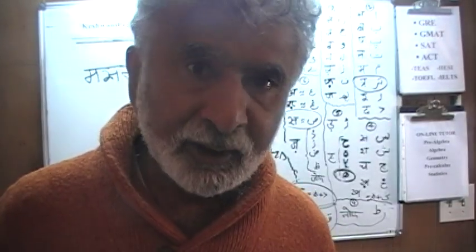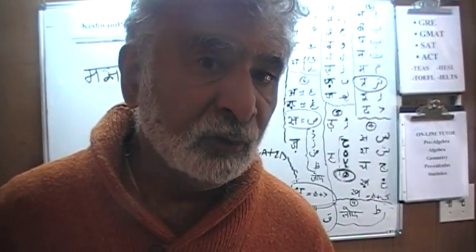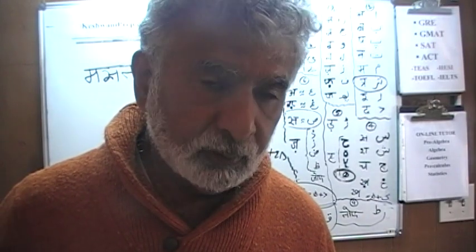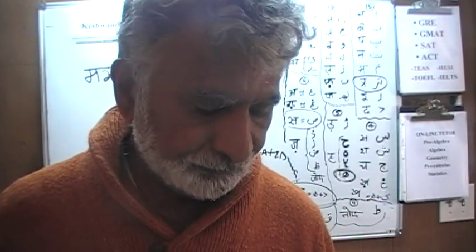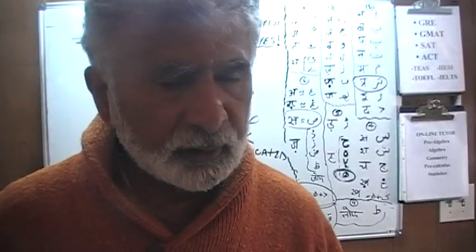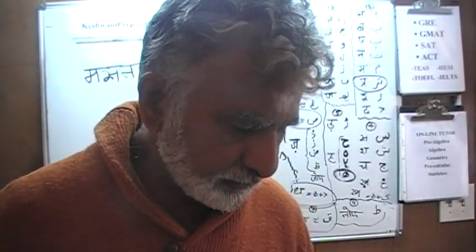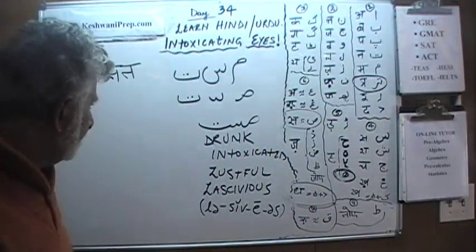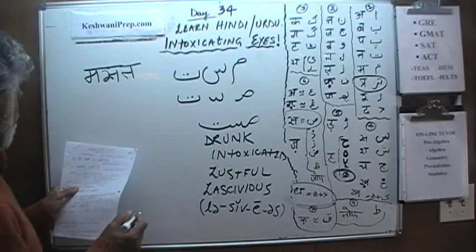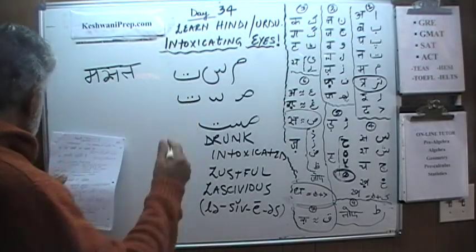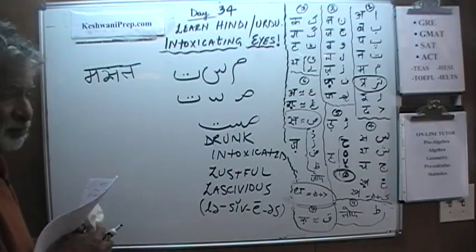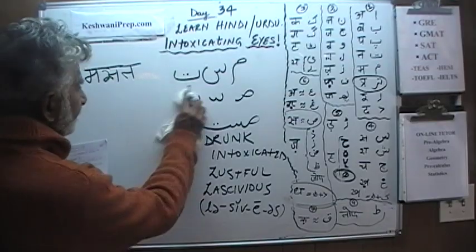Must nazre. Get it? Must nazre. Lustful eyes. Lustful eyes would be must aankhe. Must nazre. You're looking at somebody in a very lustful manner. So that's what must means. That means intoxicated.